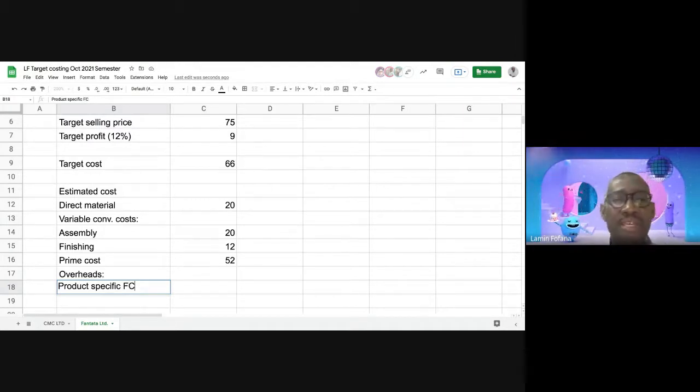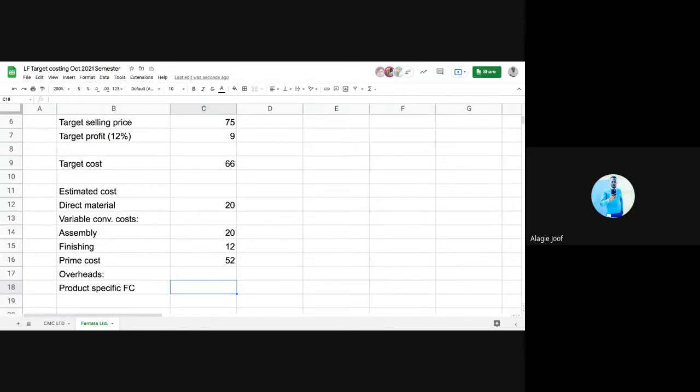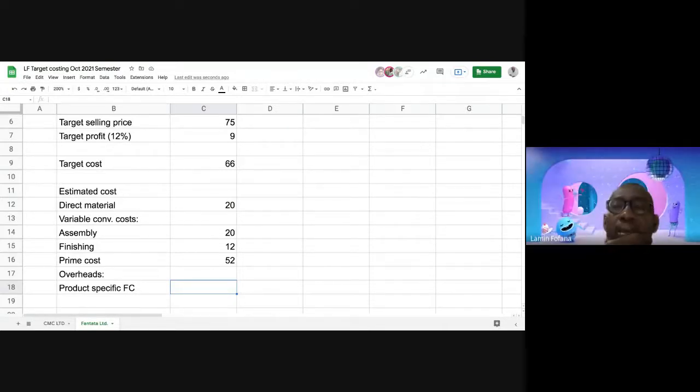Product specific FC. And how much is the product specific fixed cost? 170,000 pounds. But should we put all that here, or how should we put it?